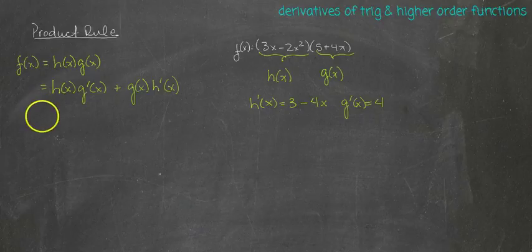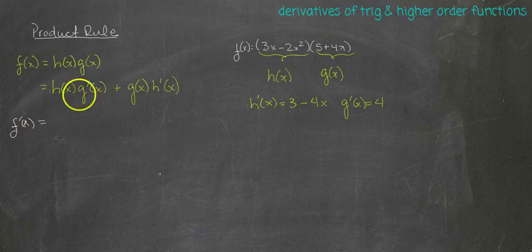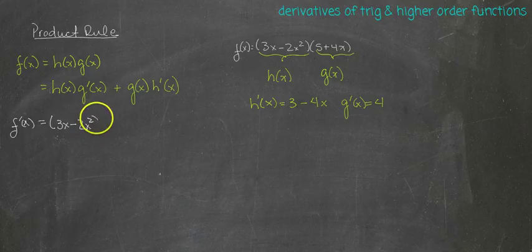So we are looking at f prime of x equals h of x as it was originally, 3x minus 2x squared, times the derivative of g of x.